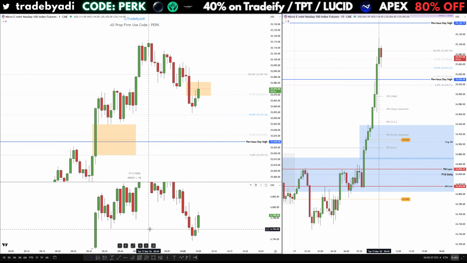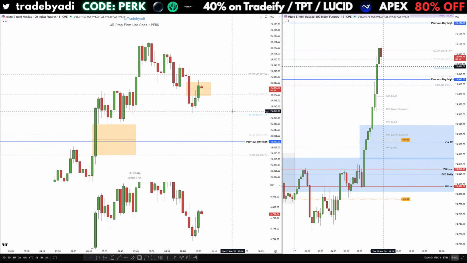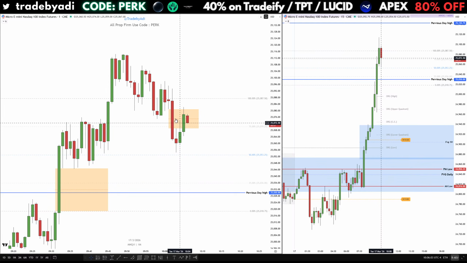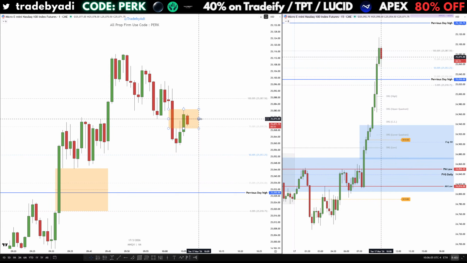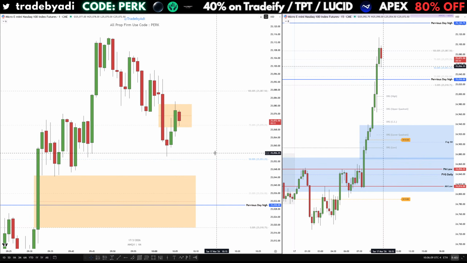We also have an SMT with ES. Let's see how this fair value gap is going to hold. Even if I'm taking any setups, sell or buy, it is going to be a low risk setup.